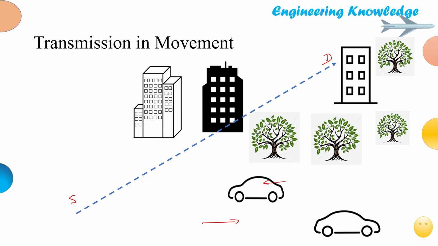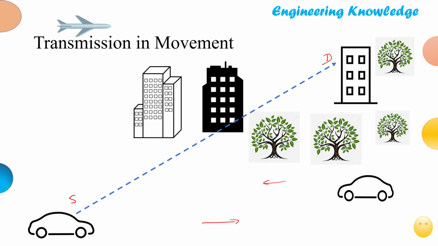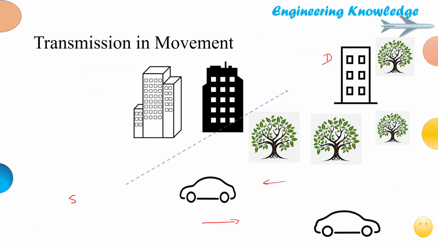So we can understand that whatever the signal transmission was in the first place will not remain the same, and now the signal will be sent like this. The signal will be sent like this because now the source comes from S to S1, say, and from S1 to D it will be required to be transmitted, and therefore there is a relative motion of the transmitter.